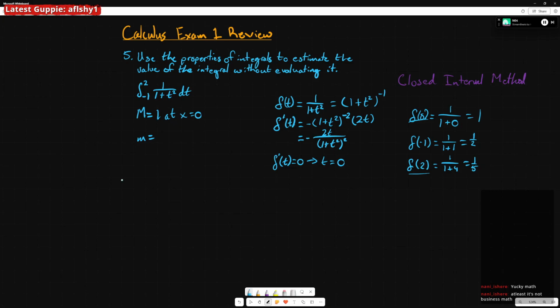And then our absolute min is 1/5 at x is equal to 2.